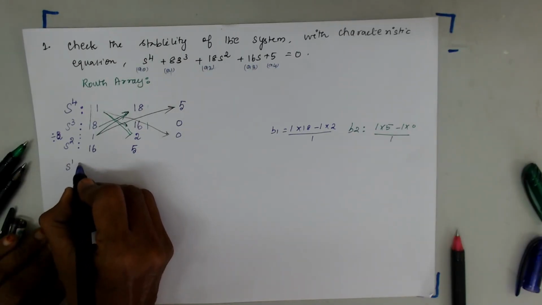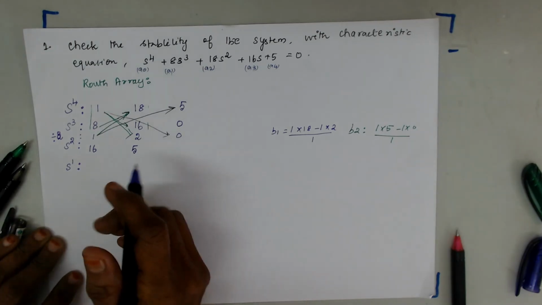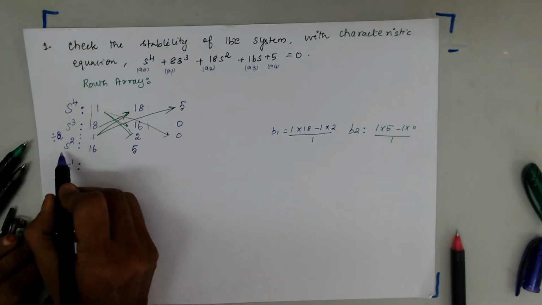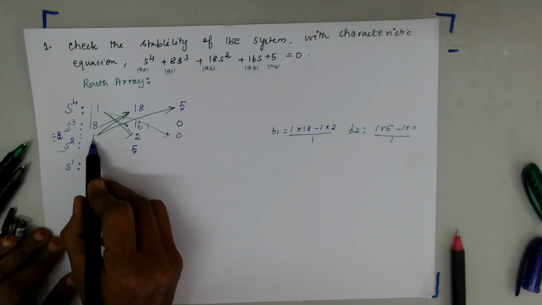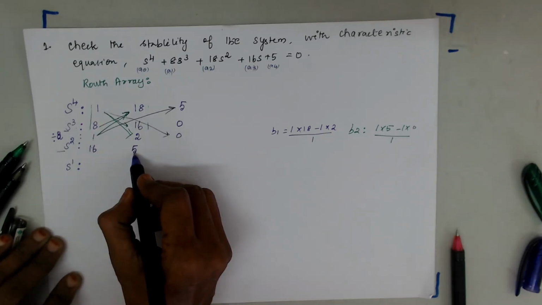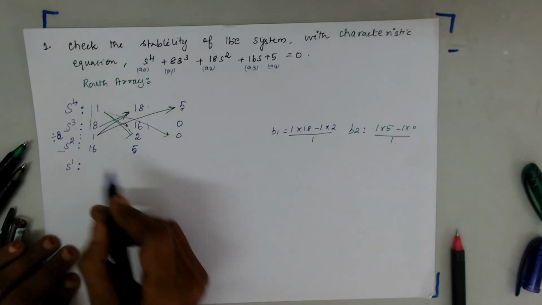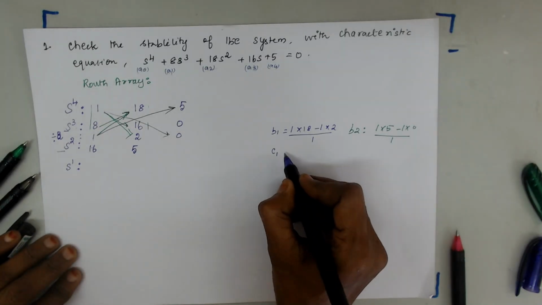Then coming to the s1 row, again you have to use the previous two rows, the s square row and the s cube row. From the s cube row you take 1 and 2. Now use 1, 16 and 2, 5 as the elements and frame the s1 row. The first element is C1.